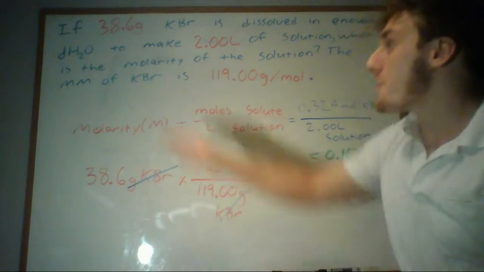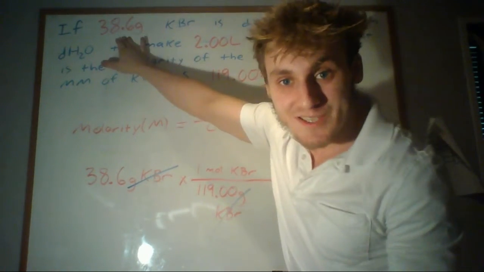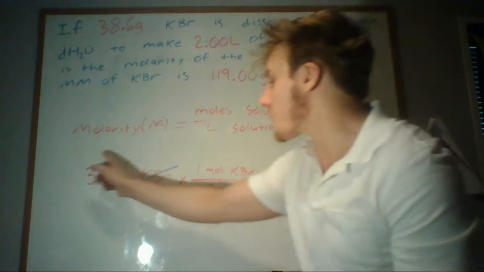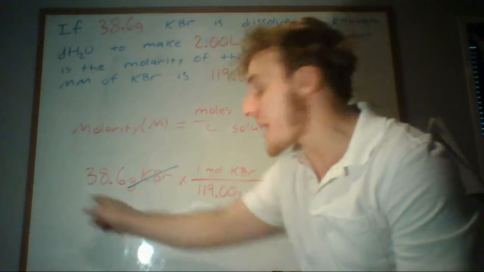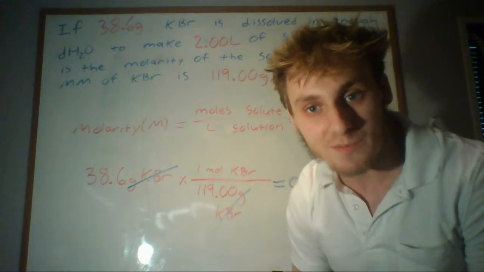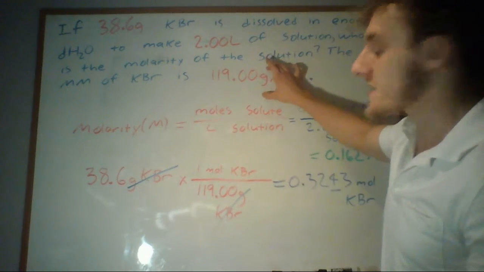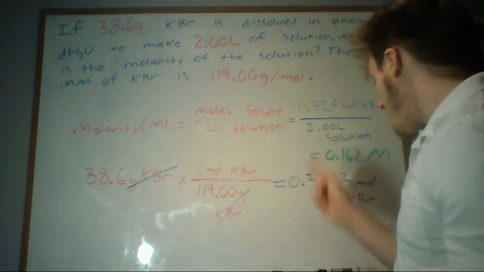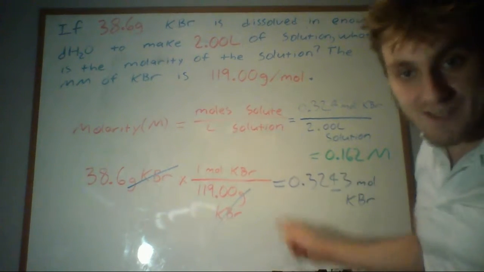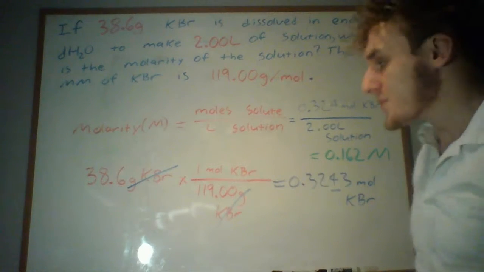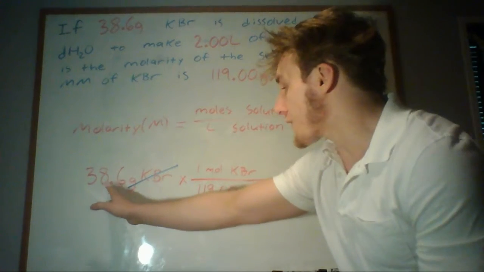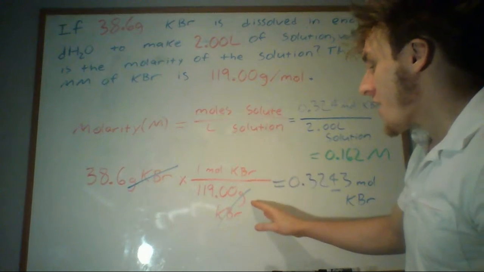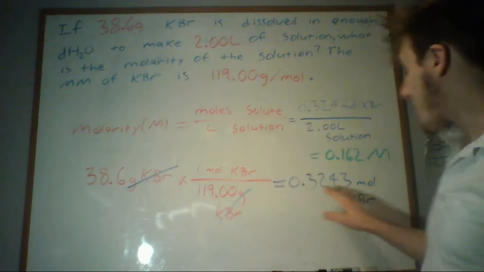Because we had the mass of solute in grams, and we had the molar mass of our solute. So starting with the mass of our solute, the mass of potassium bromide in grams, we use the molar mass as a conversion factor right here to figure out the moles of potassium bromide present. Now we had 3 sig figs here, 5 sig figs here. Our answer should really come out to 3 sig figs.